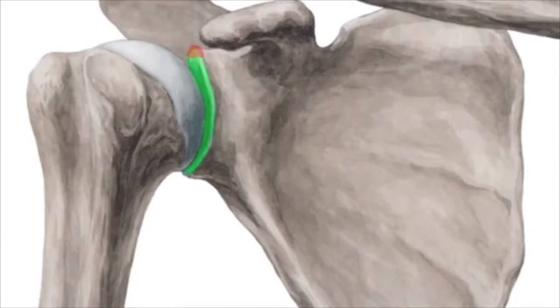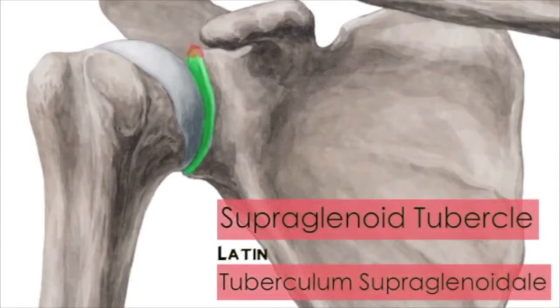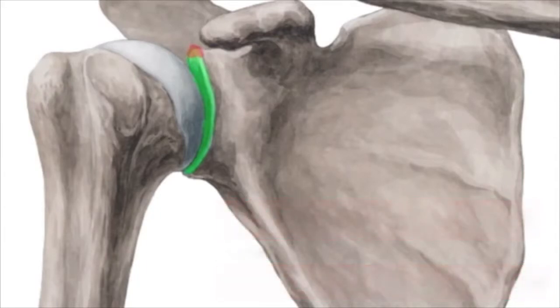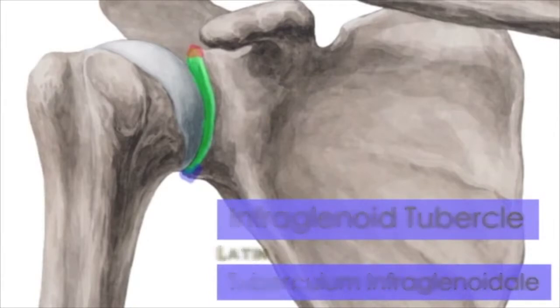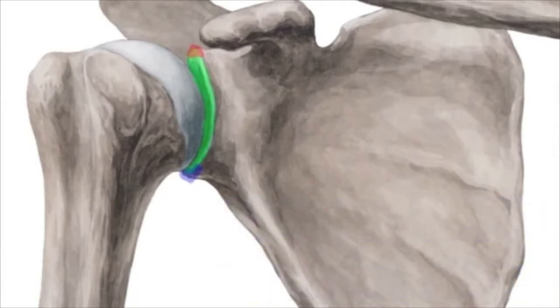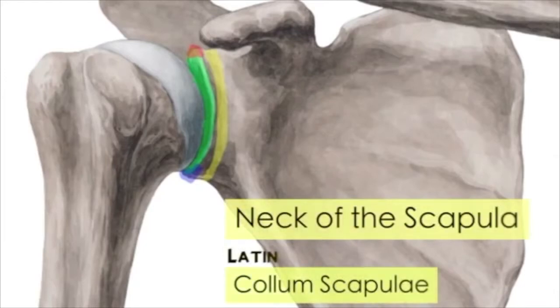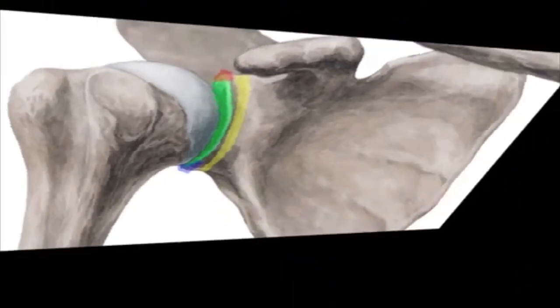This is known as the supraglenoid tubercle. And then below the glenoid cavity, you're also going to find another tubercle known as the infraglenoid tubercle. Now, you're going to find another structure adjacent to the glenoid cavity. This is known as the neck of the scapula.